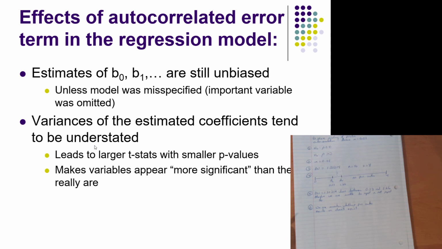When the variances of the coefficients are understated, that means we tend to have larger t statistics and by extension smaller p-values. The consequence is we become more likely to say that a given variable is significant when it's not. That's a big problem with autocorrelation.